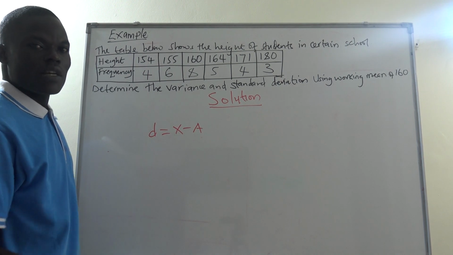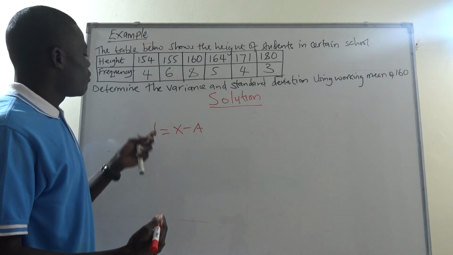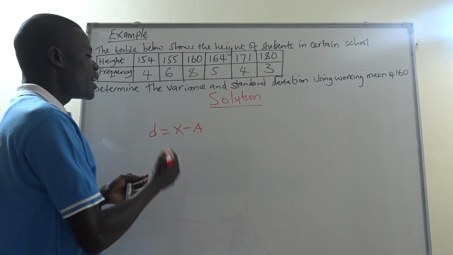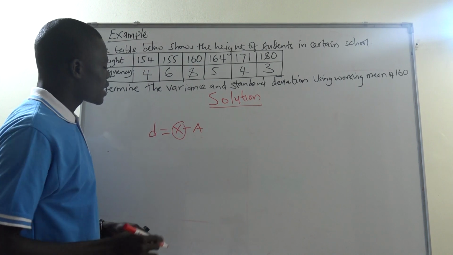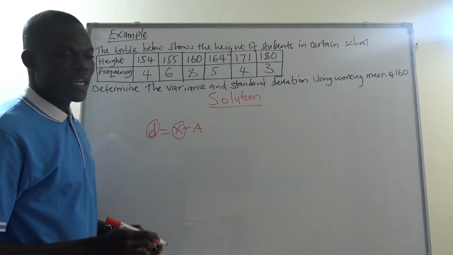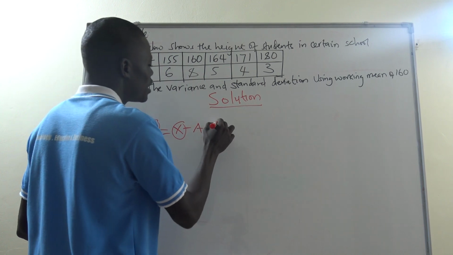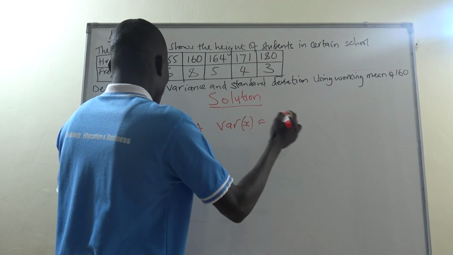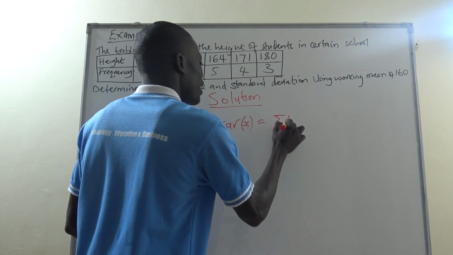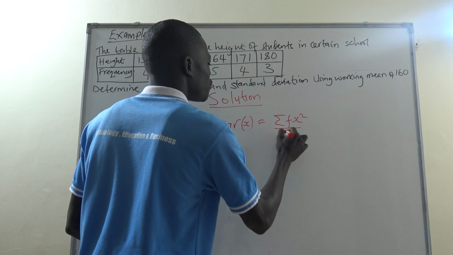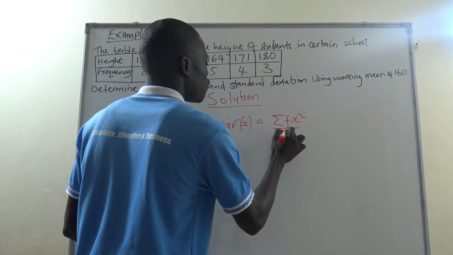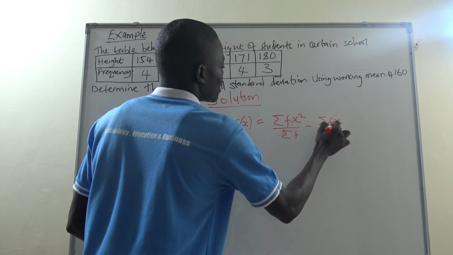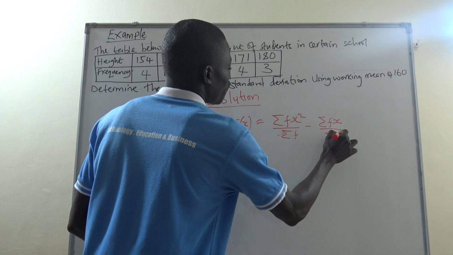So if you are calculating variance now given assumed mean, what you need to put into your mind is that where we had x, we replace it with d. For this instance, variance, which we denoted as var of x, was summation of fx squared out of summation of f minus summation of fx out of summation of f.